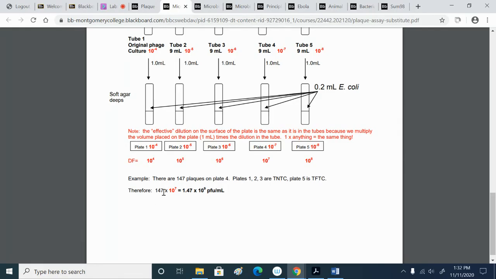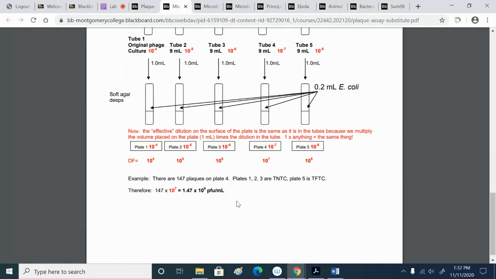So 147 times 10 to the 7 in proper notation is 1.47 times 10 to the 9. Remember, we made the 147 smaller by 2 decimals, so we have to make the exponent bigger by 2. And it's PFUs per milliliter, or plaque forming units, which are virus particles. It's the number of viruses per milliliter.